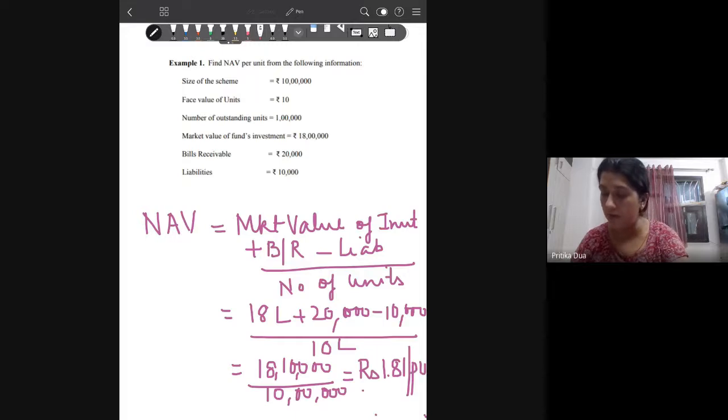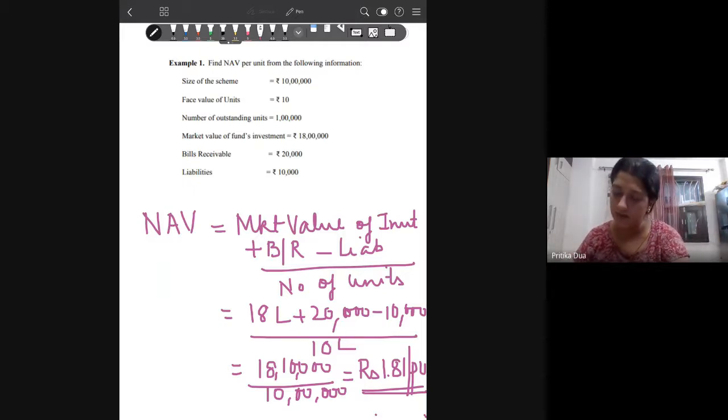So this is how you write the value of the NAV in terms of per unit of holding. So you are getting the value as 1.81. Okay, sorry, the number of units are 1 lakh.